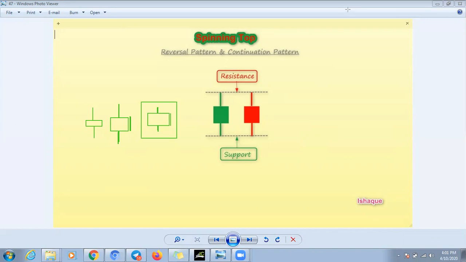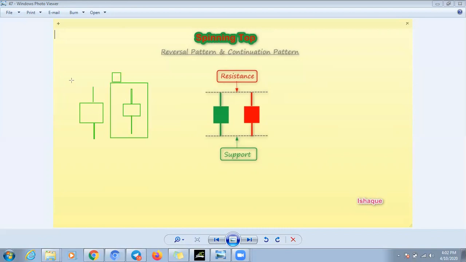Okay? Now I give you another example of this. Look at it: if the body is larger compared to this spinning top, we can say this is the spinning top. Okay, this is the spinning top, but this is the high wave candle.